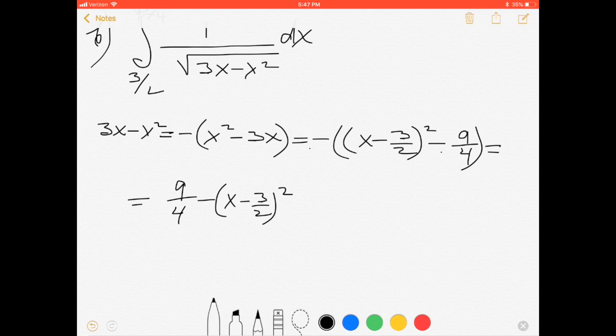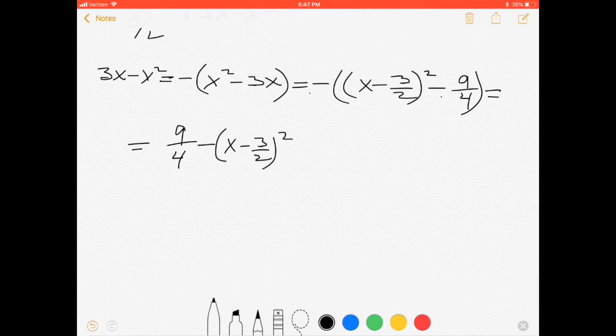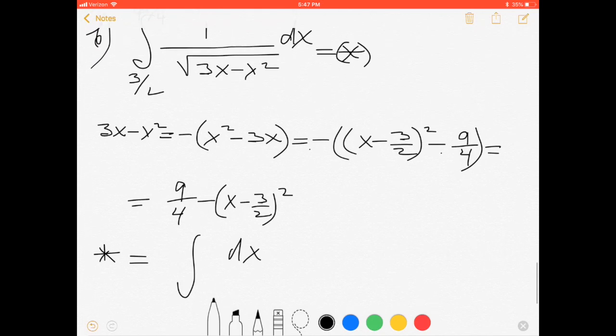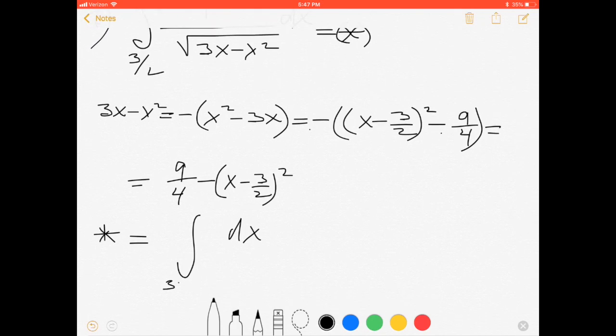Great. This means our integral, we can rewrite and plug in star here. Our integral will be dx from 3/2 to 9/4, the integral from 3/2 to 9/4 of the square root of 9/4 minus (x minus 3/2) squared.